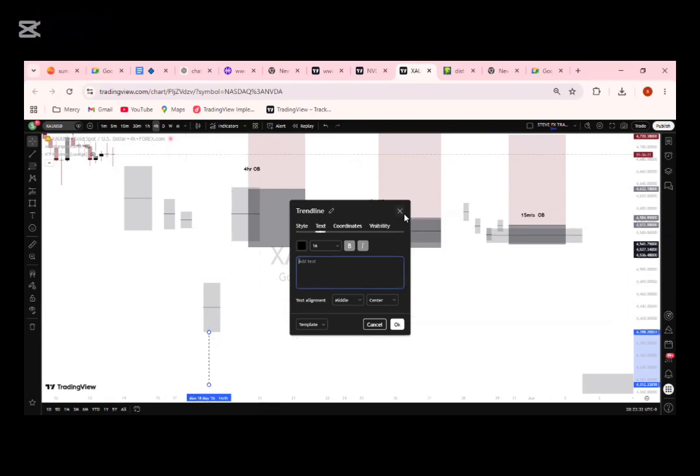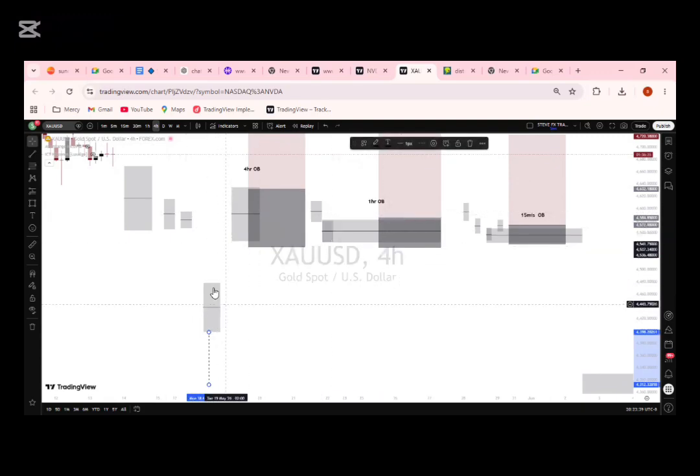Normally some order blocks have both the body and also a wick. Sometimes the wick can be very long, and sometimes it can be very short.